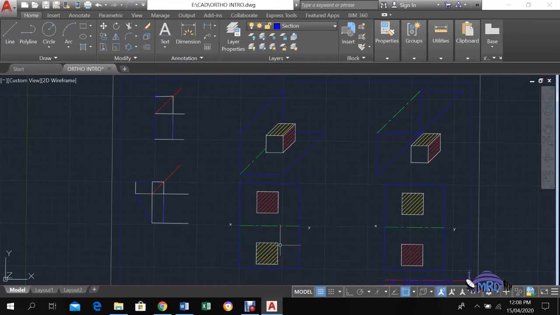So this representation, though it shows the same information as the one on the right side, the orientation of the views is different, and it's important for you to remember that. So the one that is on the right is called third angle projection. The one that is on the left is called first angle projection.